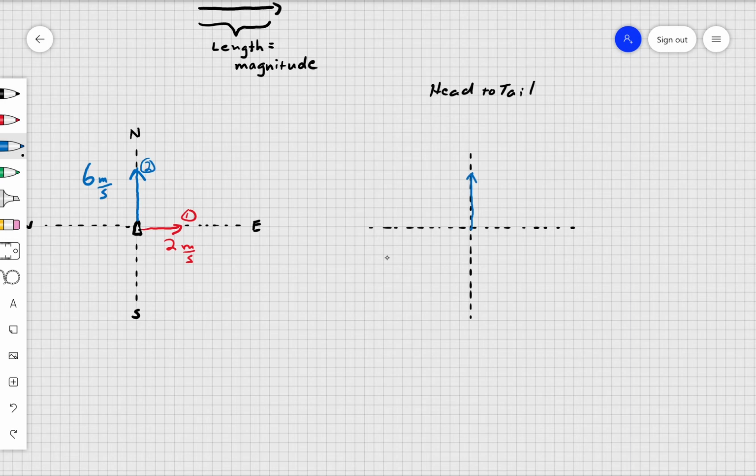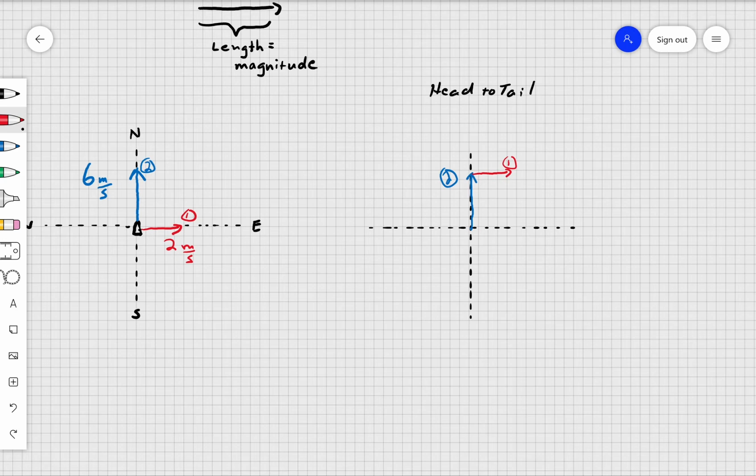So there's vector 2. And to add to vector 2, we're going to copy and paste vector 1 exactly in its orientation, which is due east, only instead of pasting its tail to the origin, we're going to paste its tail to the head of vector 2. So to the east, 2 centimeters, in this case, vector 1.